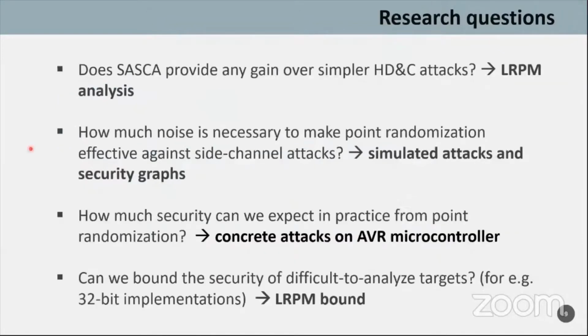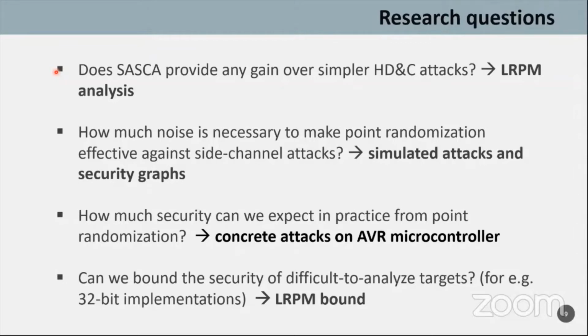Some of the main questions we answer in this paper are, first, do time-consuming belief propagation-based attacks provide a significant gain, specifically in this case of point randomization, in comparison to divide and conquer attacks, which can be easily enhanced with enumeration and also possibly at a lower time complexity than belief propagation?